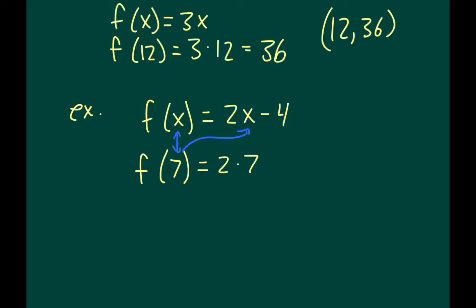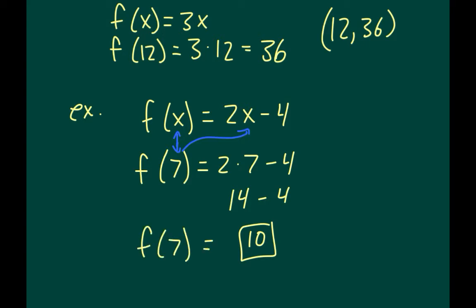So I have 2 times 7 minus 4. With order of operations, we have to multiply first, so we get a final answer of 10. So in other words, you could say f of 7 is 10, or look at it as though when my x value is 7, my y value is 10.